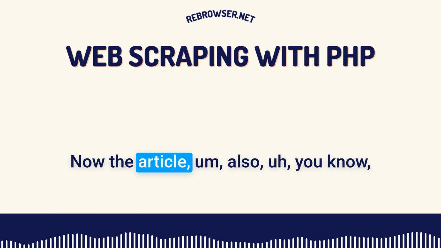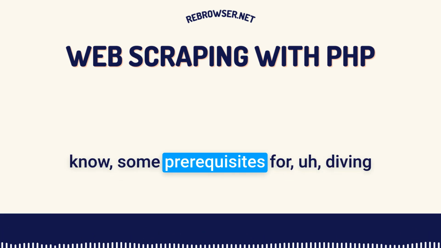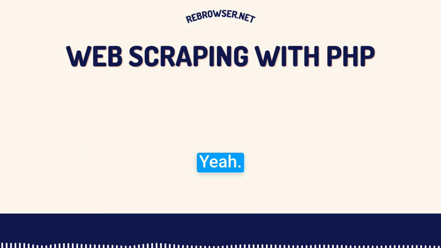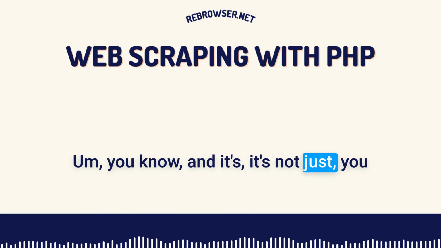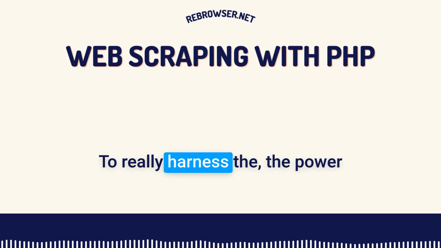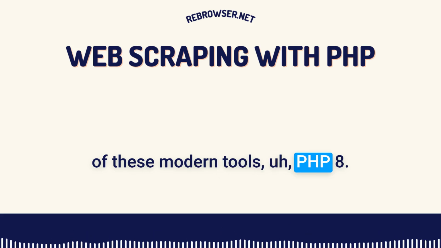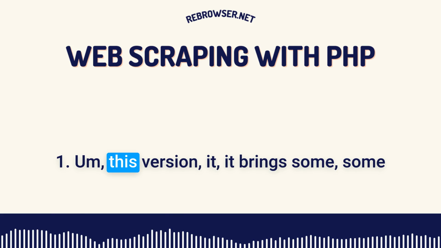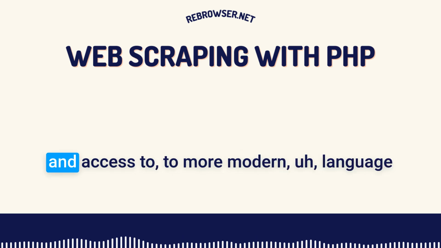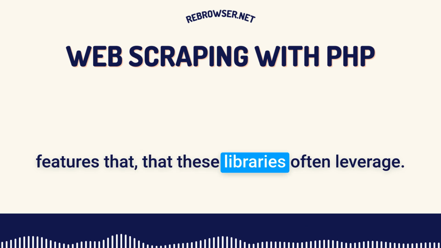The article also lays some groundwork, some prerequisites for diving into modern PHP web scraping. It's not just install a library and hit go. To harness the power of these modern tools, you'll want to be running at least PHP 8.1. This version brings significant performance improvements and access to more modern language features that these libraries often leverage.